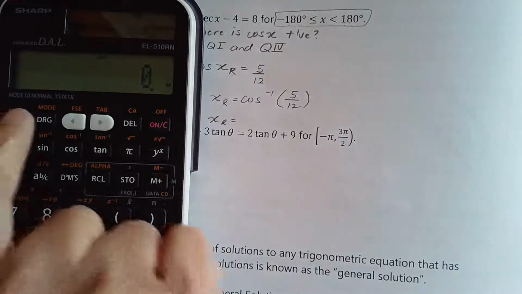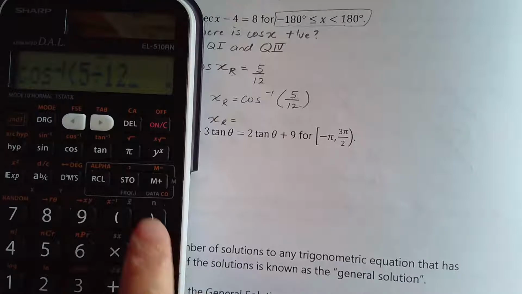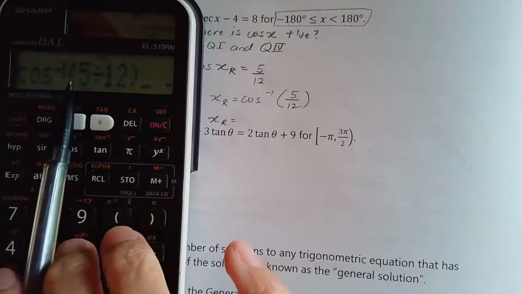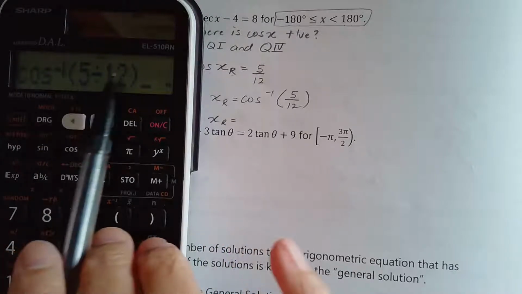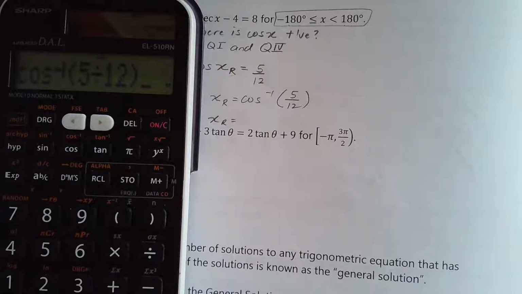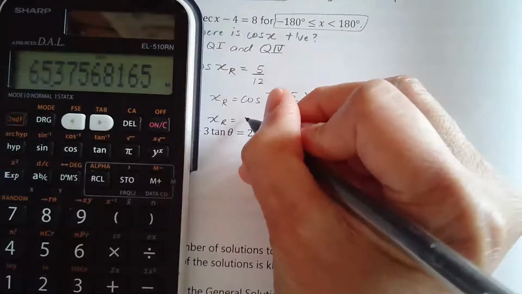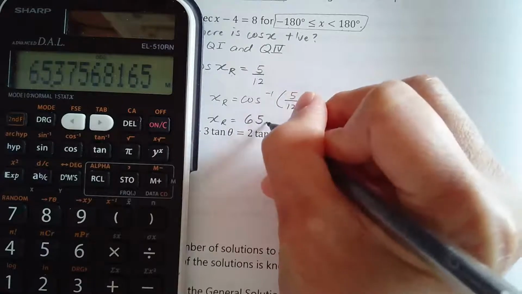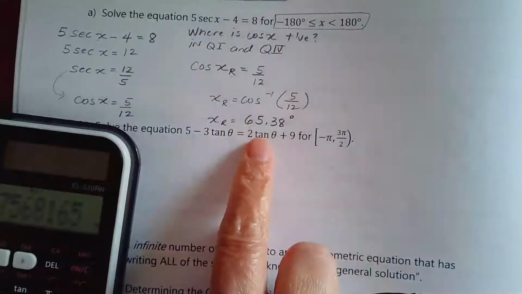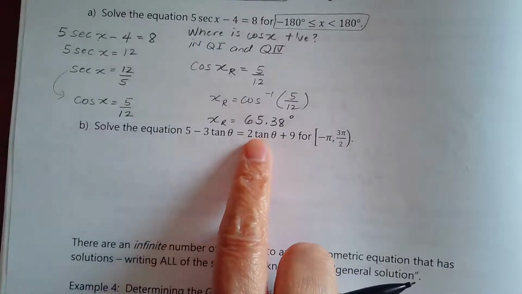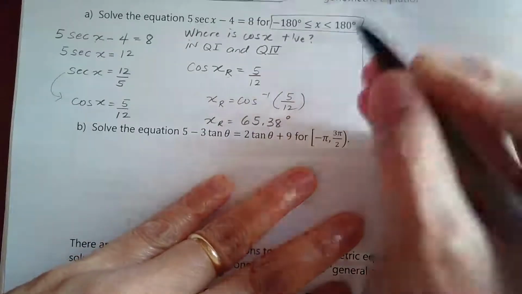So cos inverse of 5 divided by 12, and I put that in brackets so that my calculator knows I'm taking the cos inverse of 5/12, not just 5. And I get a reference angle of 65.38 degrees. So let's have a visual and see what that looks like.